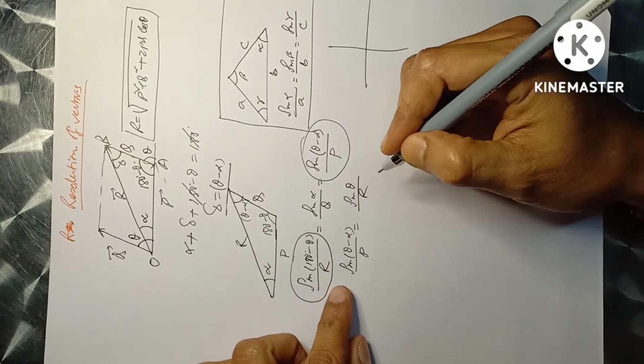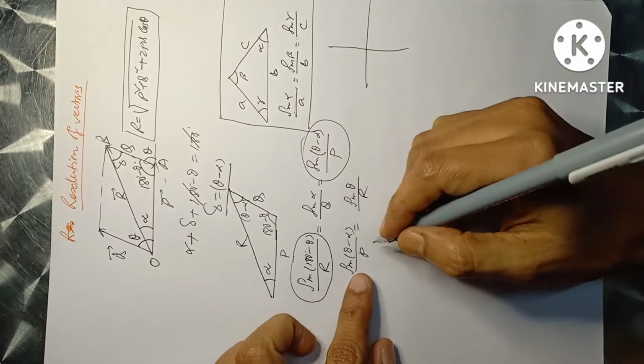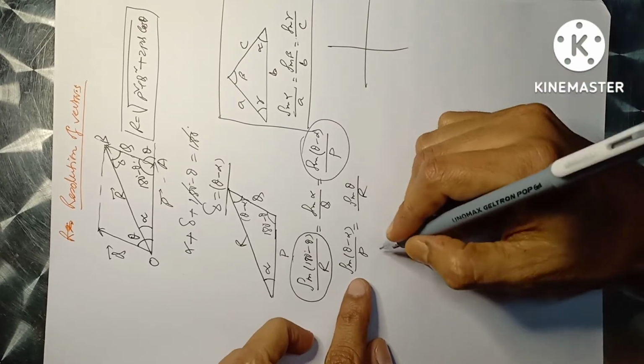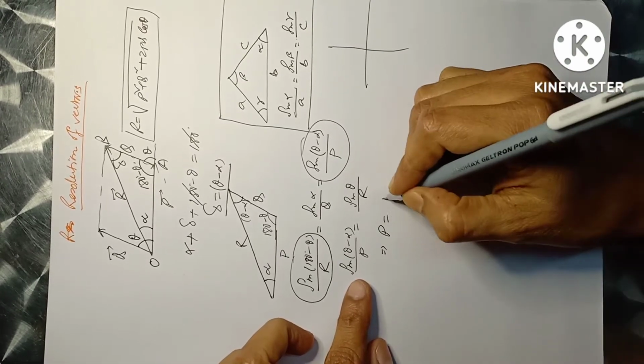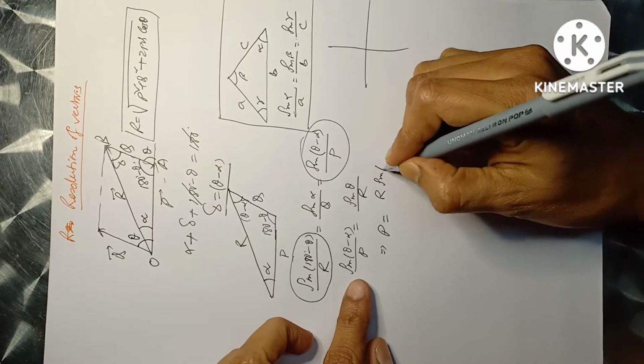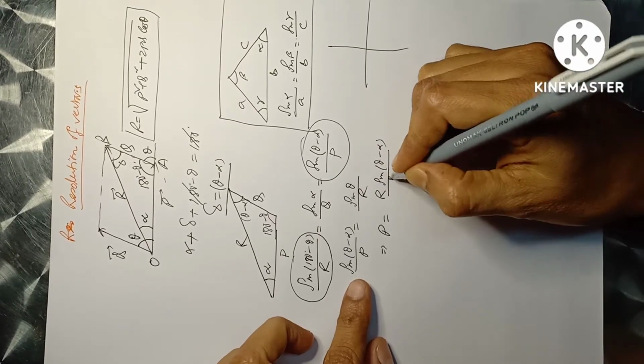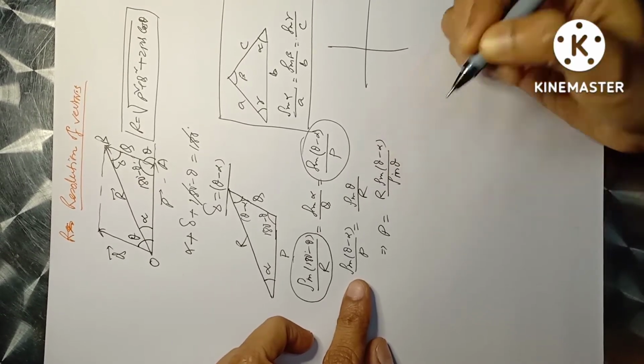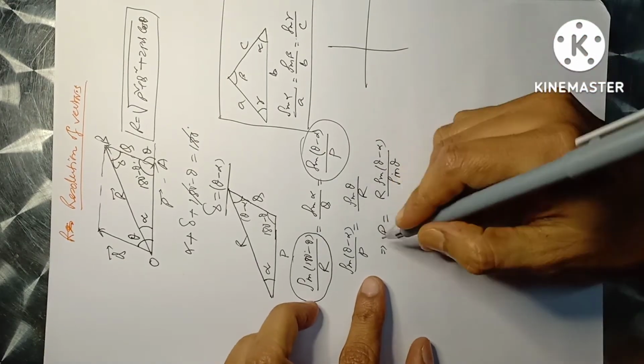So from this expression we get P equals R sin of theta minus alpha divided by sin theta. This is the general equation.